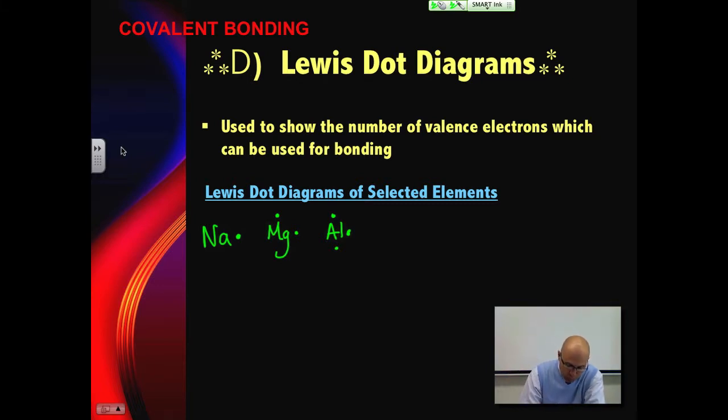So let's say we have an atom here, we're going to have 1, 2, 3, 4 locations where we can have some pairing of these electrons. So we're going to separate them until we need to pair them up. So if I now move to the carbon family, 1, 2, 3, 4, so 4 valence electrons.